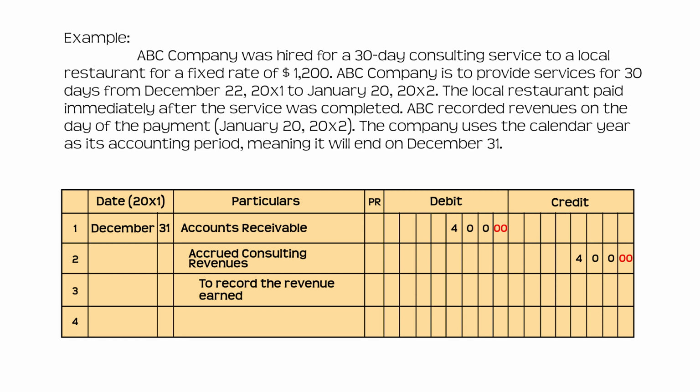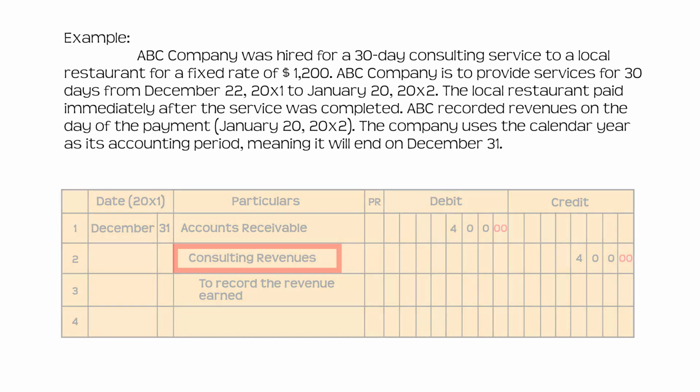Notice that we used the word accrued in the account title to indicate that the revenue is yet to be collected. However, using the normal account title, for example consulting revenue, is also acceptable. Always refer to the chart of accounts to know what account titles are used by the company.